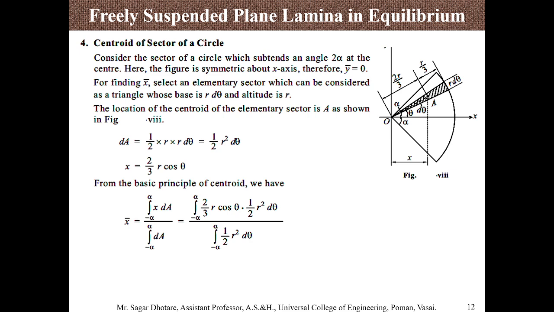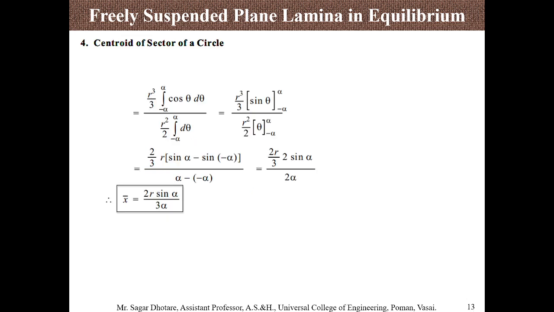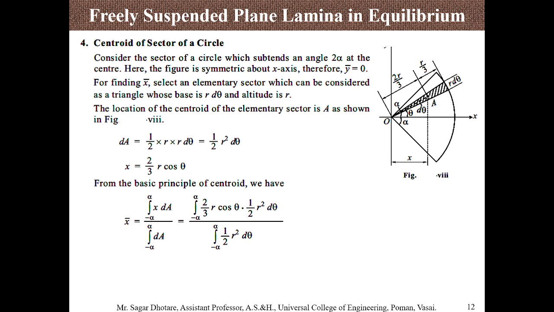For such a symmetric geometry, the value of x bar is equal to 2r sine alpha divided by 3 alpha. Alpha is the symmetric angle between these two edges. And it looks like a triangle.